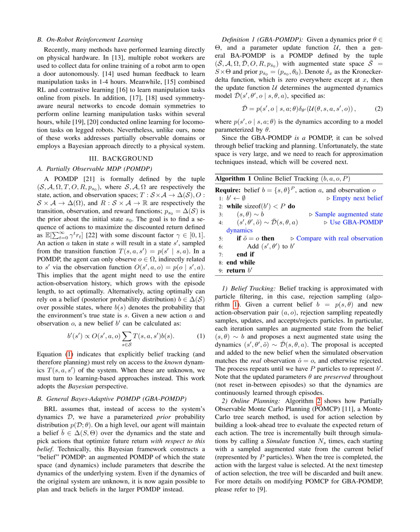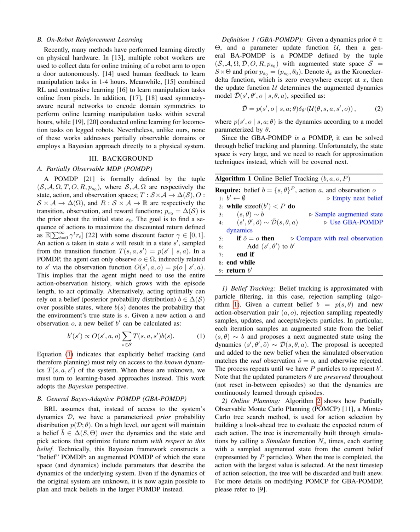Belief tracking. Belief tracking is approximated with particle filtering, in this case rejection sampling, Algorithm 1. Given a current belief B with P particles and a new action observation pair, A and O, rejection sampling repeatedly samples, updates, and rejects particles. In particular, each iteration samples an augmented state from the belief B and proposes a next augmented state using the dynamics.